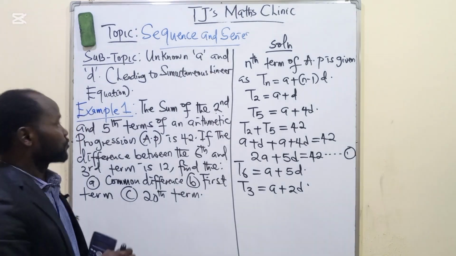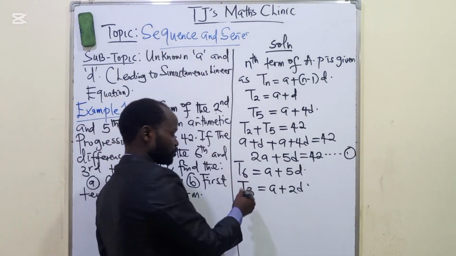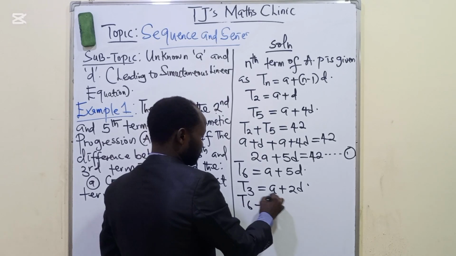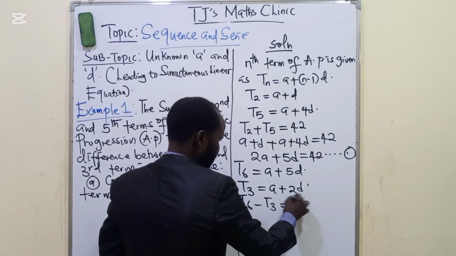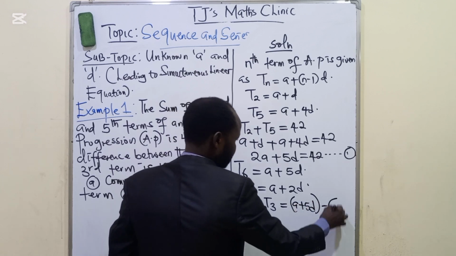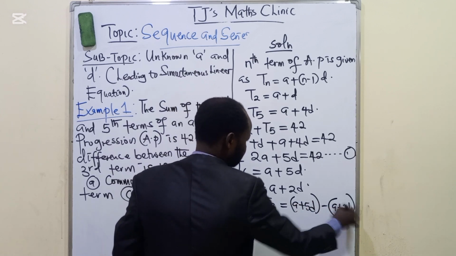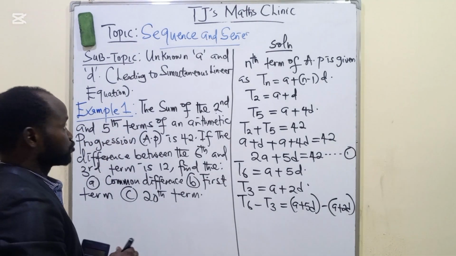Difference means subtraction. So let's find the difference between the two. That will be t6 minus t3, which is going to be (a plus 5d) minus (a plus 2d). This will now lead to equation 2.